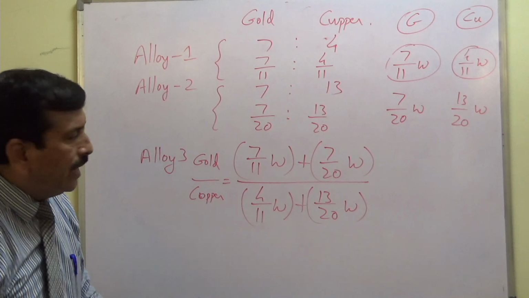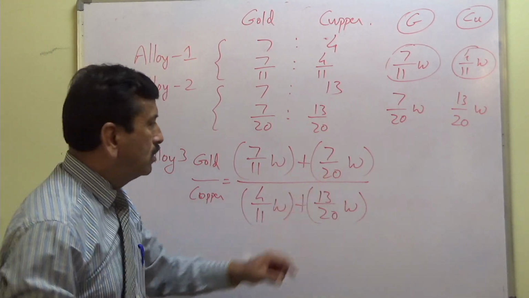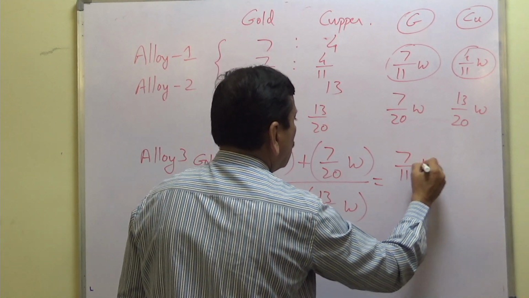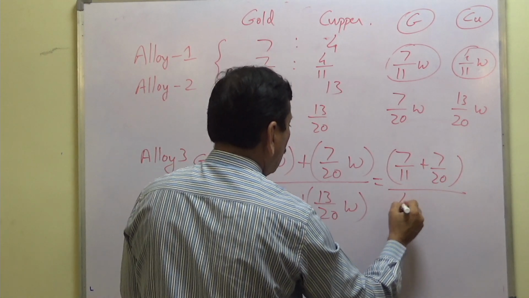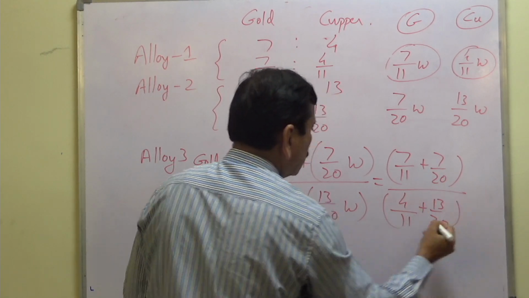We realize that the W will get cut down on both sides, and so we get 7 by 11 plus 7 by 20 total divided by 4 by 11 plus 13 by 20.